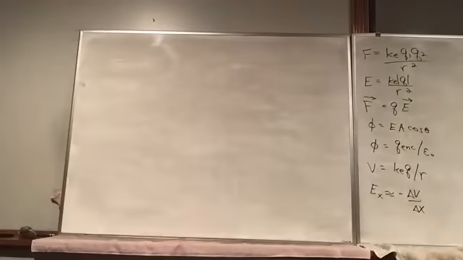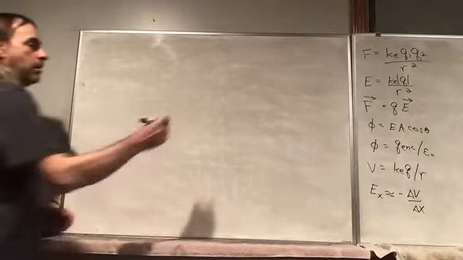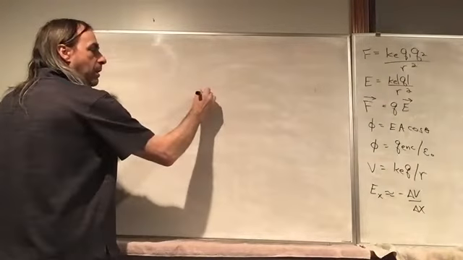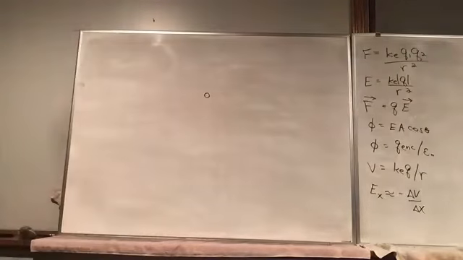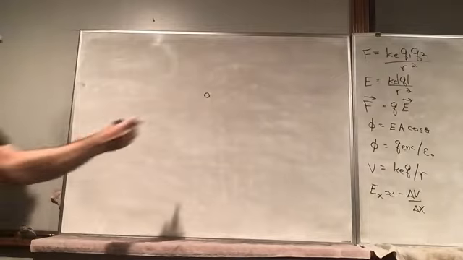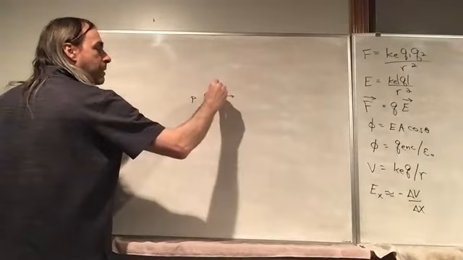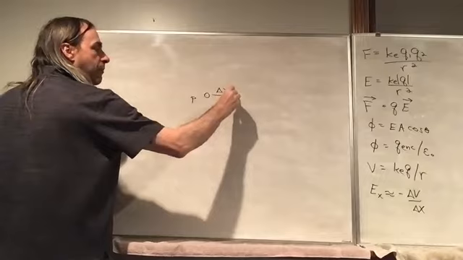Where if you want to know the electric field in a particular direction, say we know the potential everywhere. Let's say I want to know the x component of the electric field at this point P. So I'd pick a point delta x in the x direction.